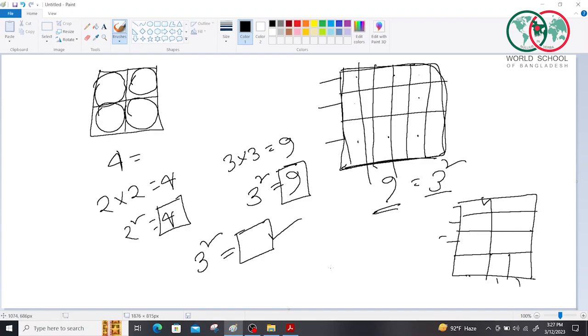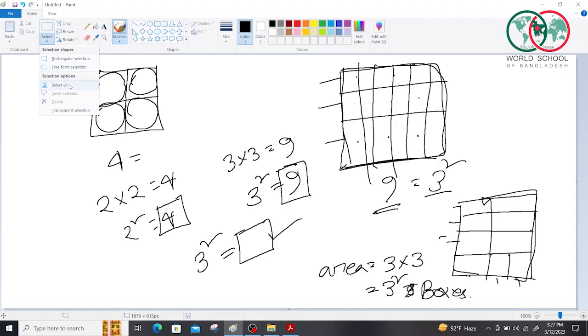So the area of this page will be 3 into 3, which is 3 square boxes, right? That's how we find out the area of any square shaped thing.